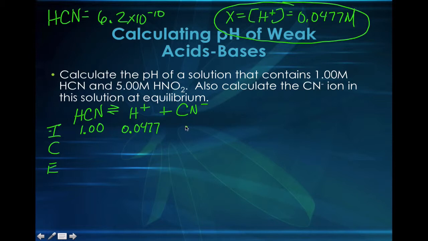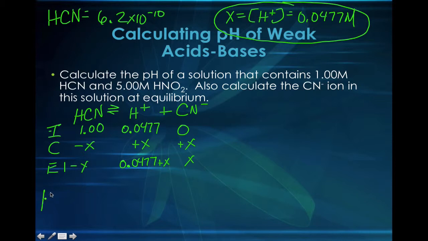The CN minus, however, will be 0. So before any of this dissociates, there's 1 molar of HCN, the H plus is already there from the HNO2, and there's still none of the CN minus. So minus x, plus x, plus x, 1 minus x, 0.0447 plus x, and x.